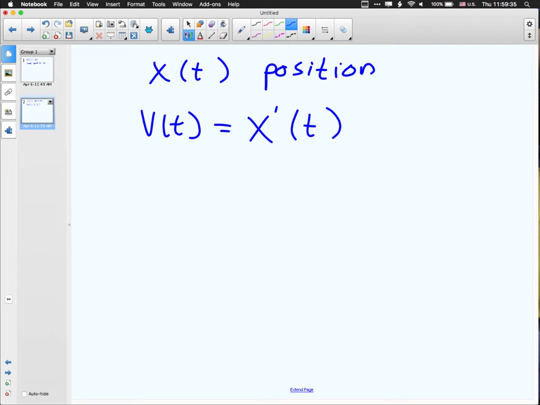It's the rate of change of the position. And if you think about the units, the units of position might be feet, and then the speed is change in position over change in time, feet per second, or meters per second, some sort of speed.